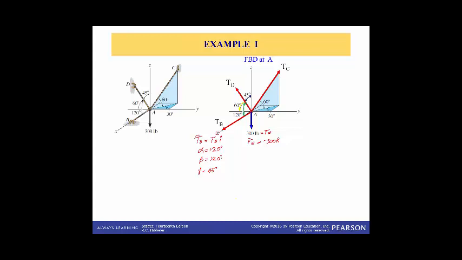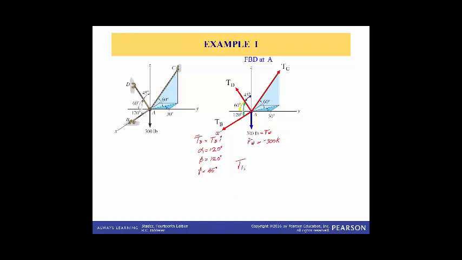So in the case of this 3D, if you have alpha, beta, and gamma, in those cases you don't have to worry so much about the direction of the vector in terms of its positive or negative, because the angle itself will give you that negative and positive notation. Okay, so let me explain that. So we have here TD.